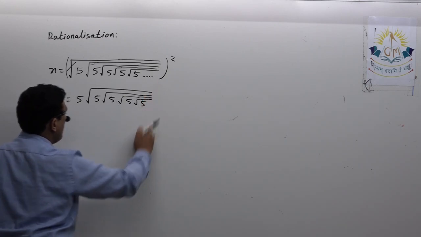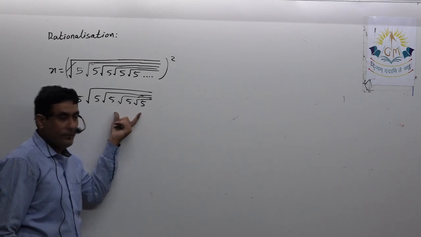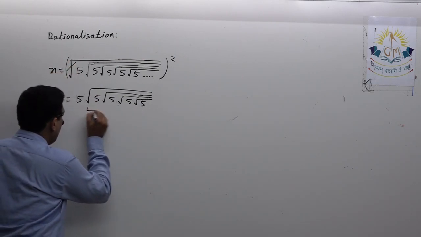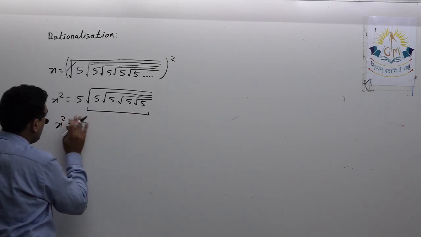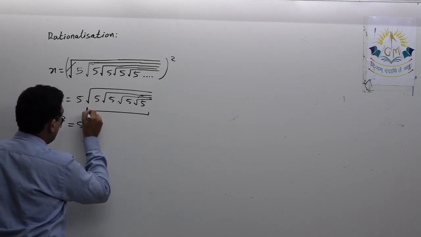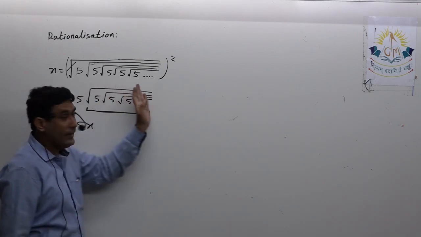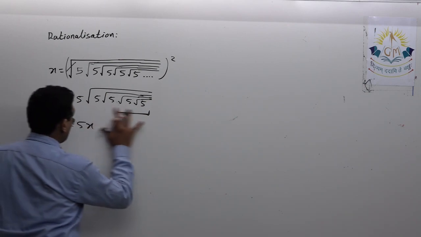Now you can see this again repeats itself. So I can say this expression is again equal to x only. So here I have x square is equal to 5x. I can replace this by x once again because only one 5 is outside and there are infinite 5's in such a way. So it will remain the same, that means x only.